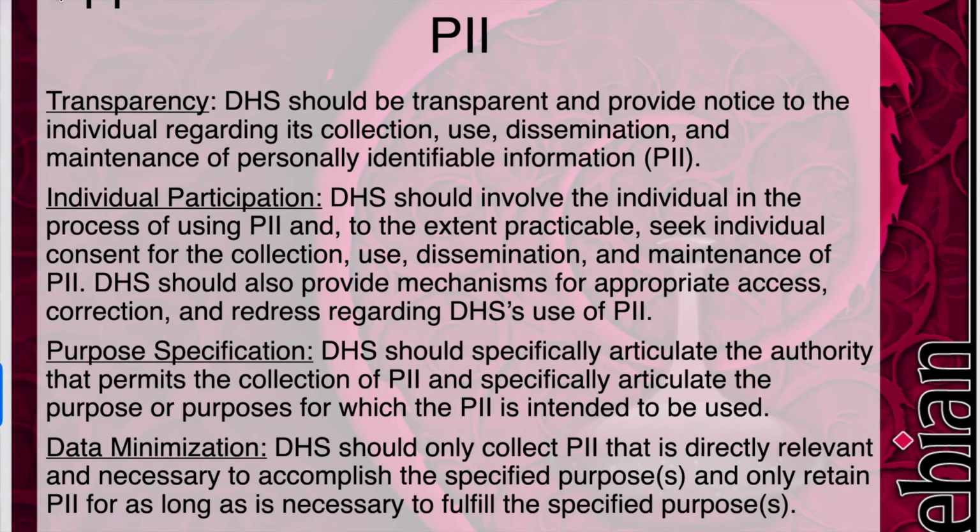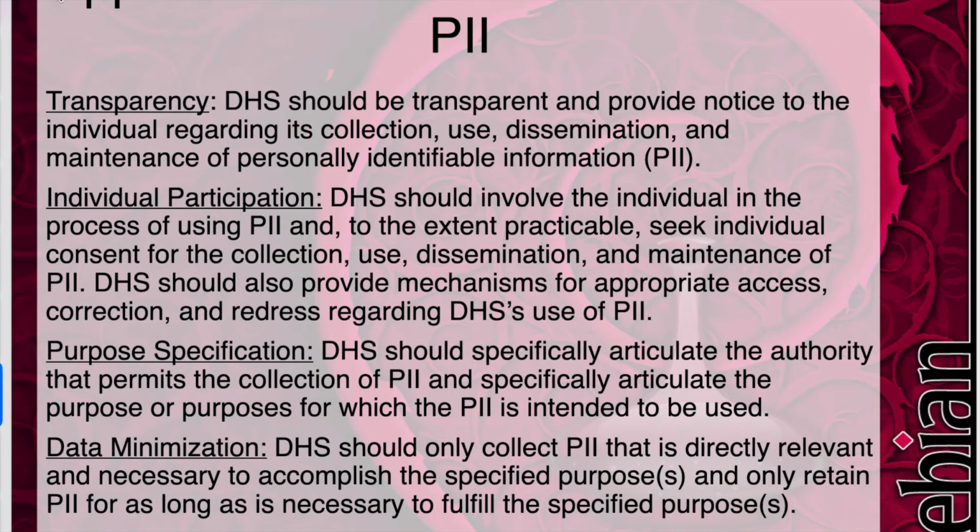Application of FIPPs in protection of PII. That will be transparency, individual participation, purpose specification, and data minimization. There should be transparency and notice provided to the individual regarding the collection, use, dissemination, and maintenance of personally identifiable information.